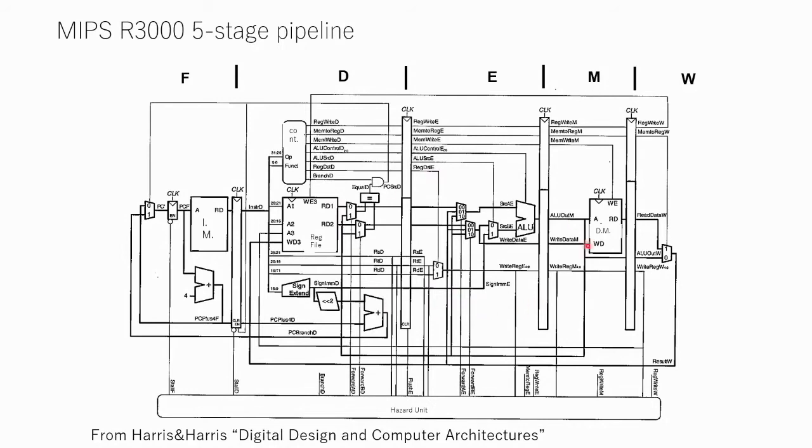So it introduces some complexity to the pipeline, but I think they are needed for interlock and forwarding, that is, to control the pipeline.